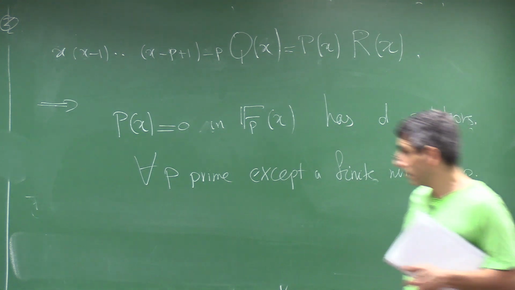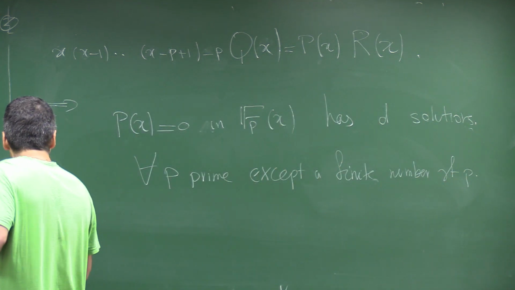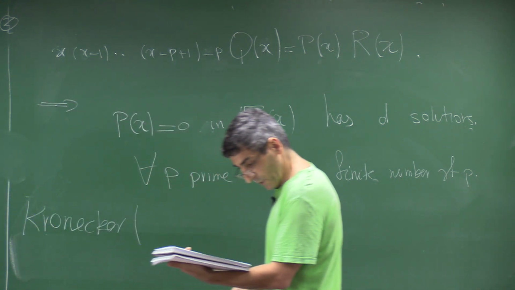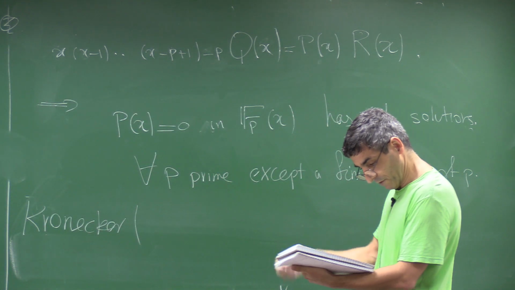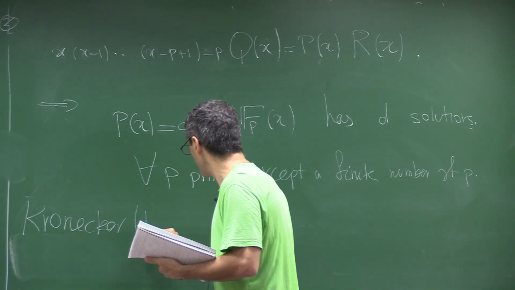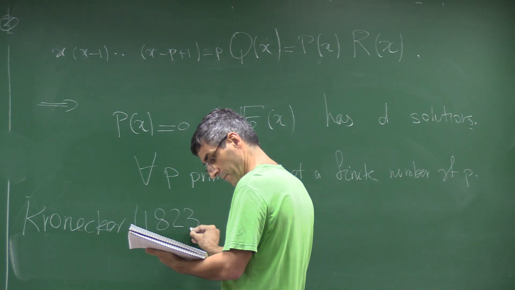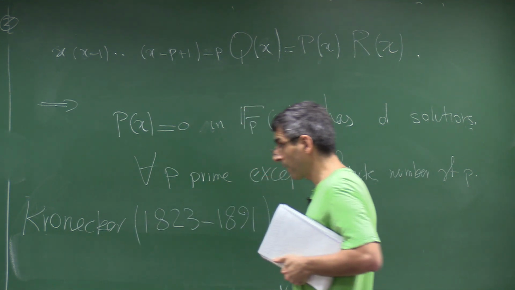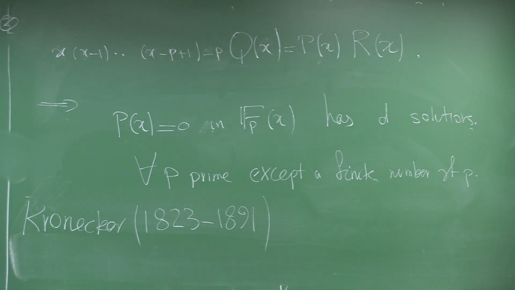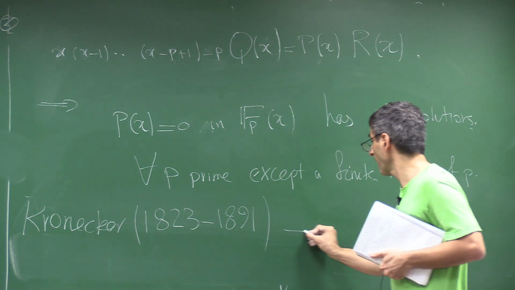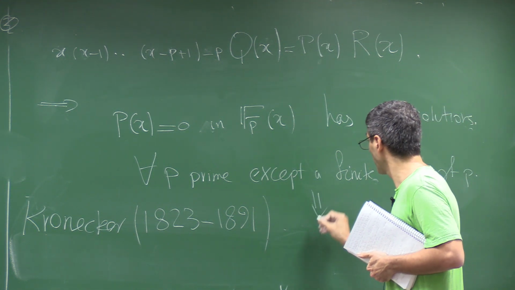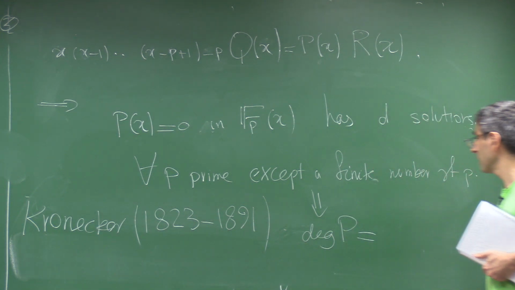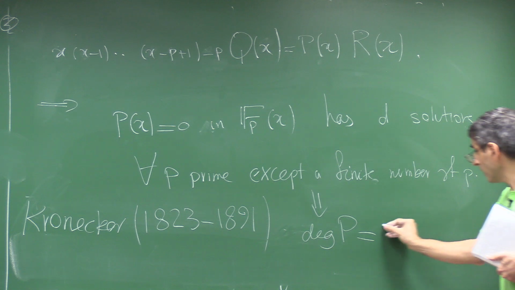And so maybe Kronecker, in the time of all these people, the 19th century, 1823. So the only possibility is for P(x) to have degree 1.